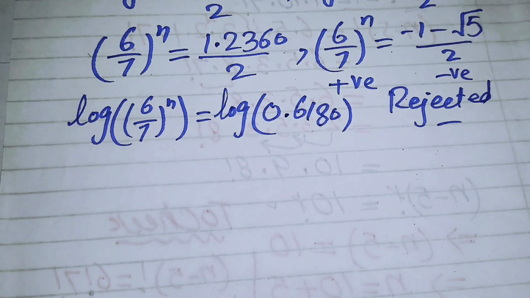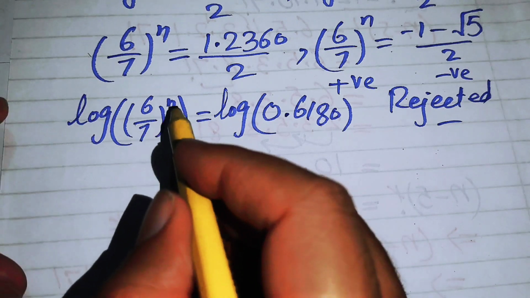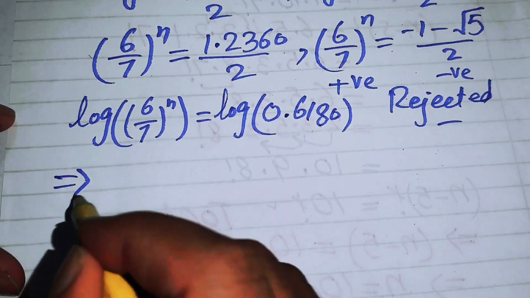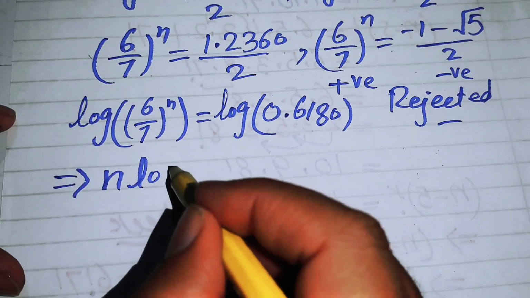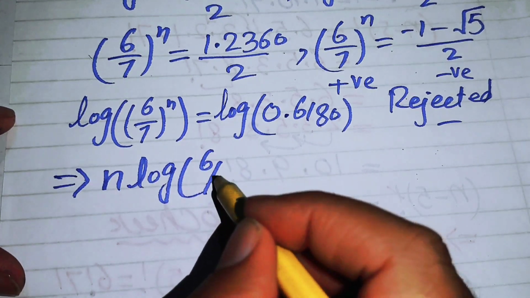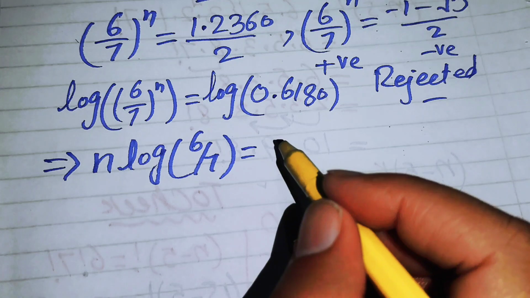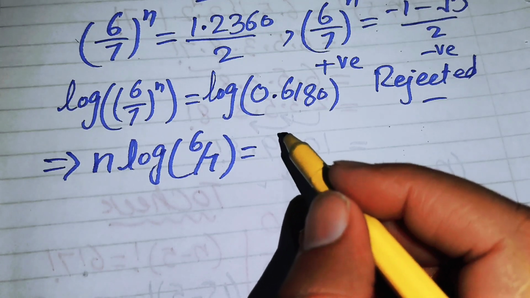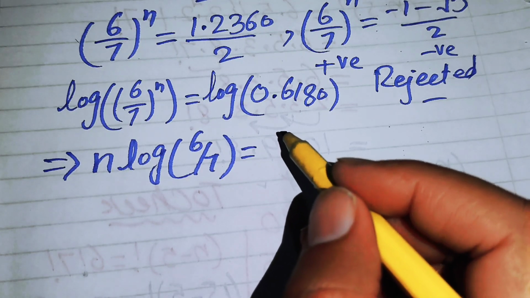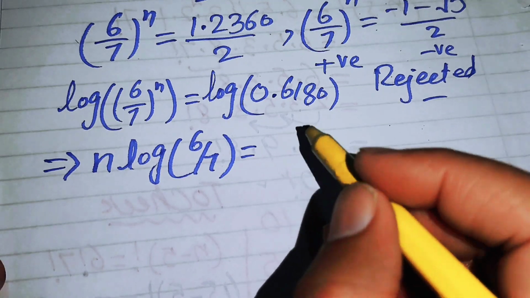Here you use the property of log in the left hand side, and we move this exponent in front of the log, and you write n times log 6 over 7 equals, here you can use the calculator or logarithmic table, and you find the value of log 0.6180, which equals minus 0.2090.